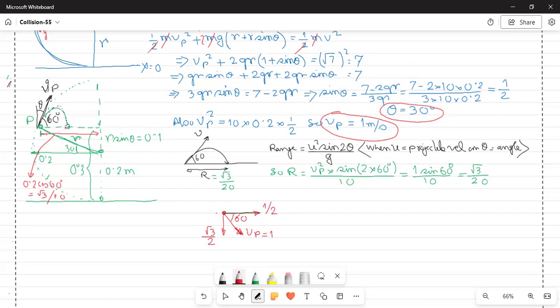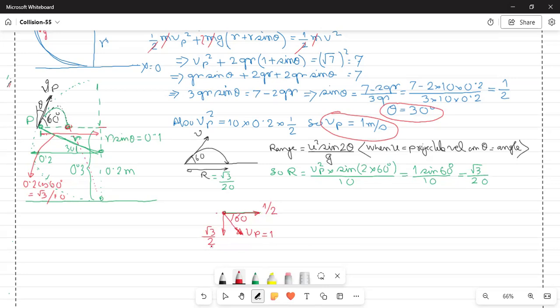So from this point, we start a downward journey. We have to find out where it reaches really. This was the question, where it reaches. It will start a downward journey. We can easily find out how much time it takes to fall from this point P to the ground, which is 0.3 meter away, with the velocity root 3 by 2.